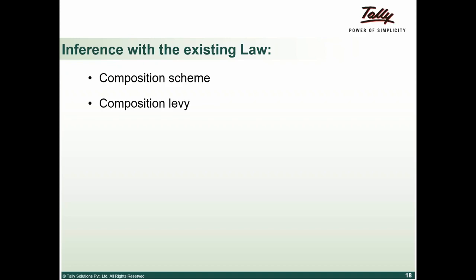Currently the composition levy is somewhere between 1 to 2% under various categories, and the current draft law does not specify the rate of composition levy, but it says that it cannot be less than 1% of the total turnover of the composition dealer for the given month or period, right? Since it's a quarterly return, it is generally going to be for every quarter. But there is no specific rate that has been specified yet.